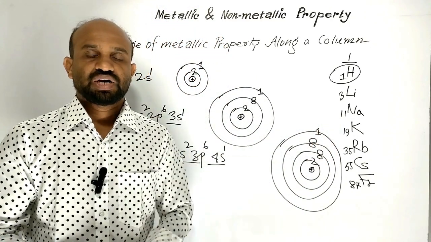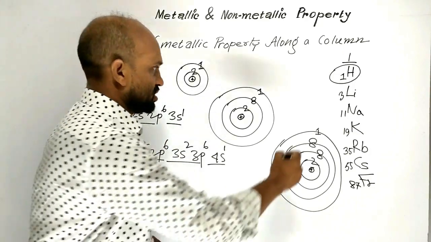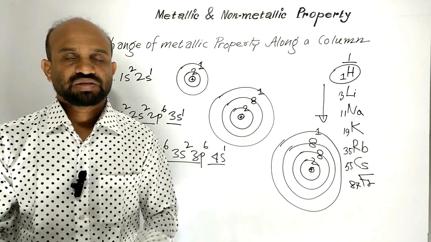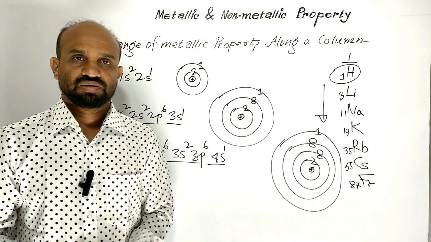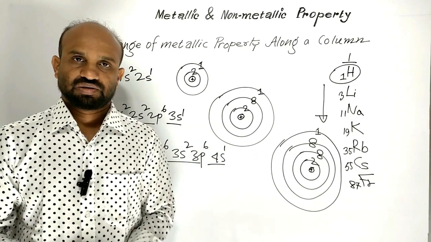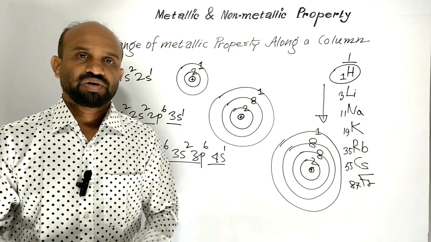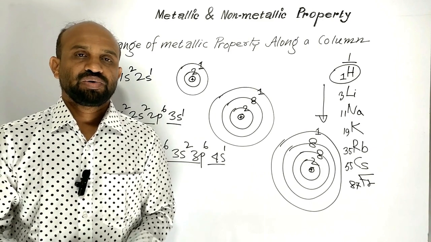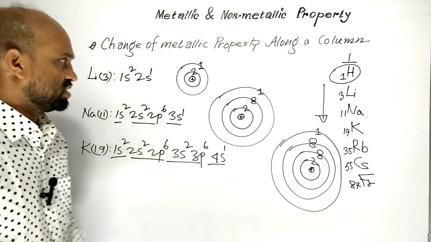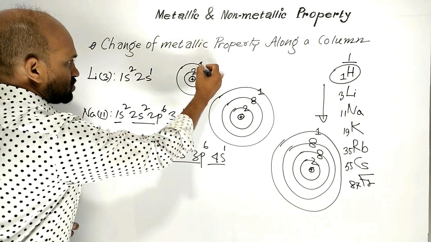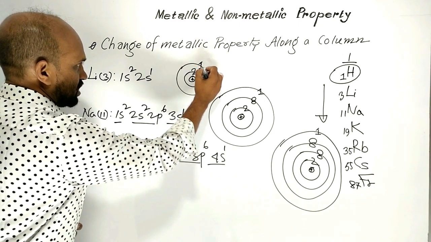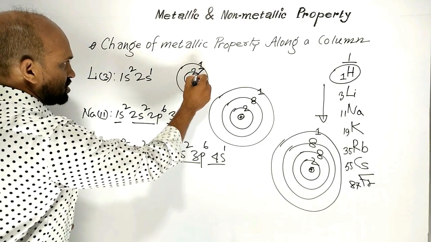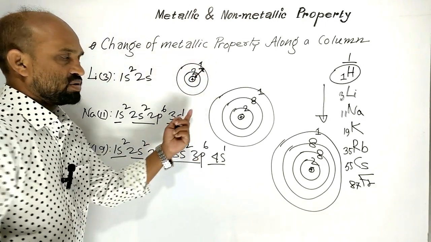Now, what is the change of metallic property along a column? We know the elements that can donate electrons are called metals. That is, the elements that can donate electrons easily will be more metallic. Here, for lithium, the distance between the outermost shell electron and the nucleus is very low.